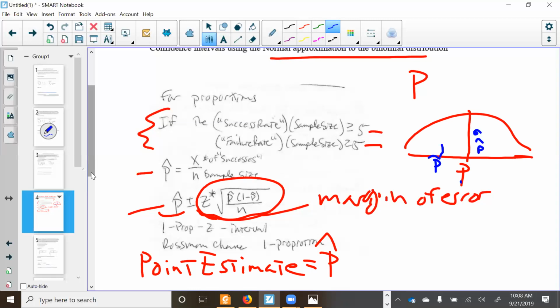And we know that p hat will pile up around the true proportion. Very few of the samples will have a result out this far. So it makes a really good estimate. That's why we come up with a p hat, and then we come up with a margin of error, and that way, inside the margin of error, that'll capture our true P, even if we don't know it. Okay, so the point estimate might miss it, but our margin of error should catch it.